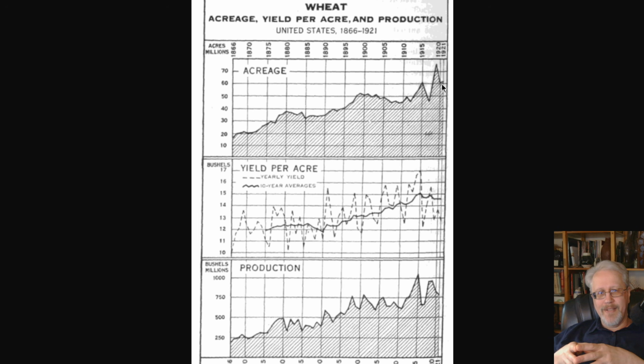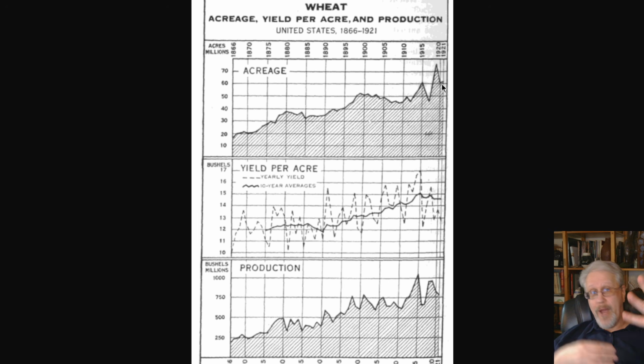So that means from 1870 to 1920, if we have 10 workers in 1870 working 20 acres, that's 2 acres per worker. Then we would have 15 workers in 1920 working 60 acres.